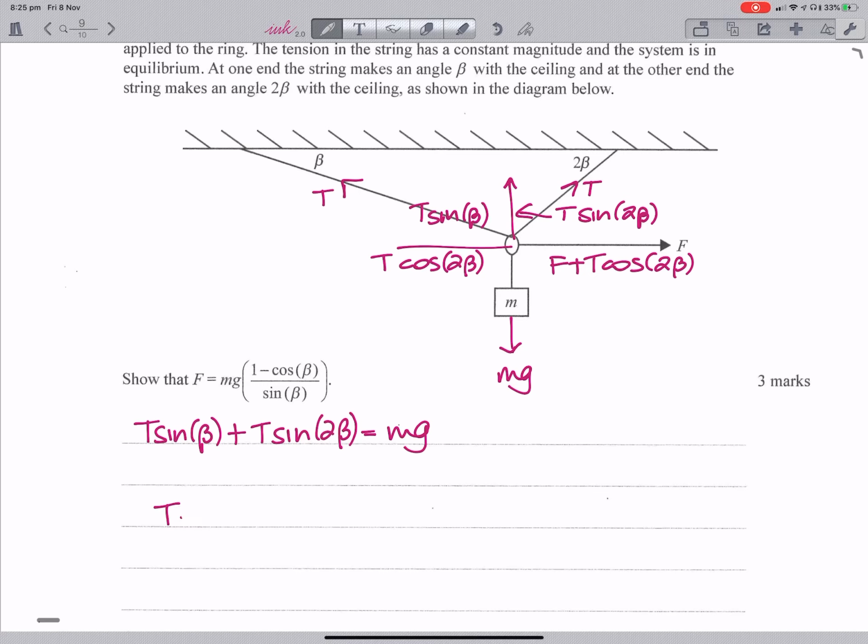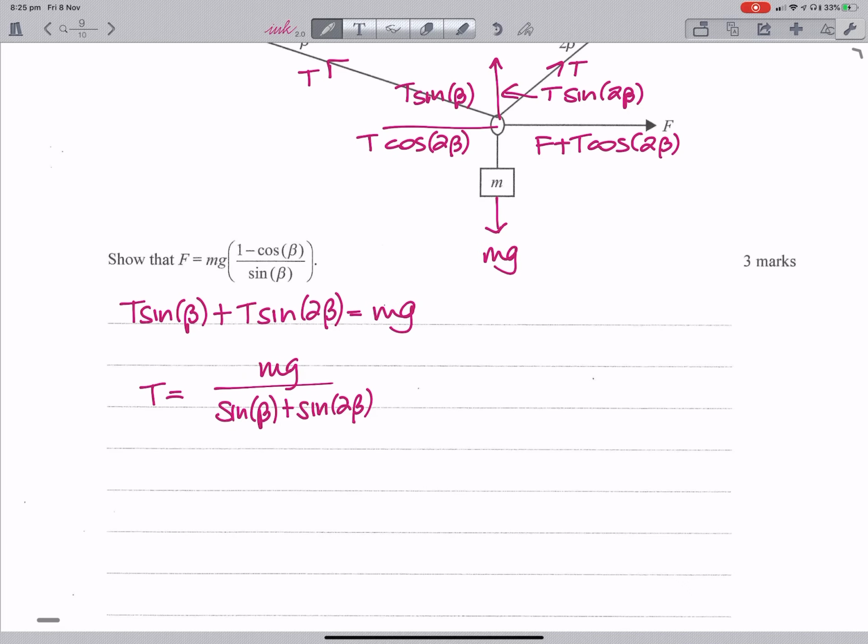So we can say that T is equal to mg on sine beta plus sine 2 beta, which we know is mg on sine beta, 2 sine beta cos beta. Sine 2x. Actually, we'll leave it and do it later on.